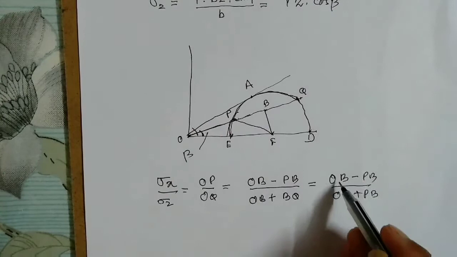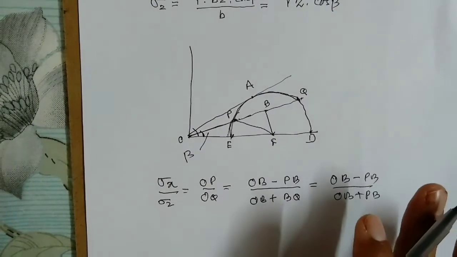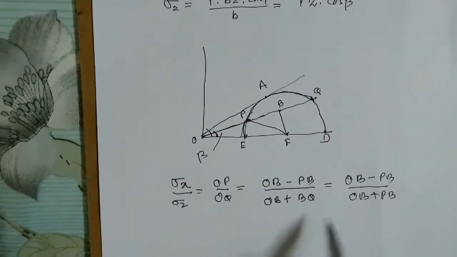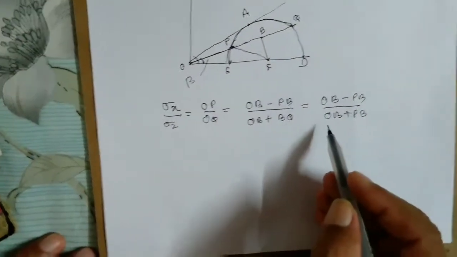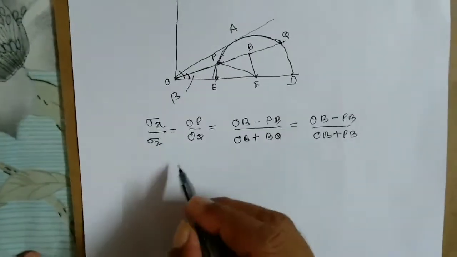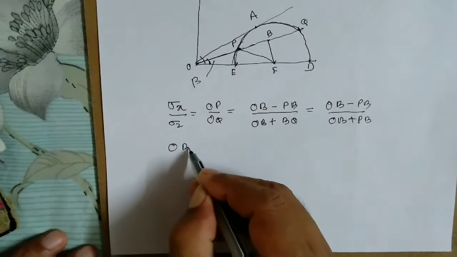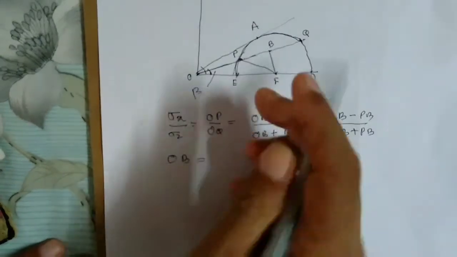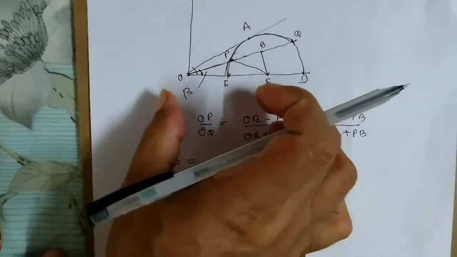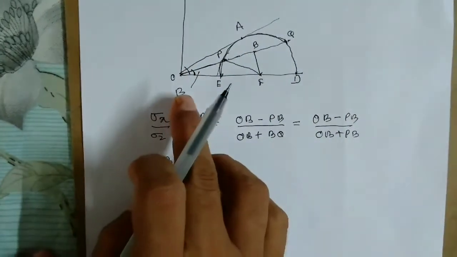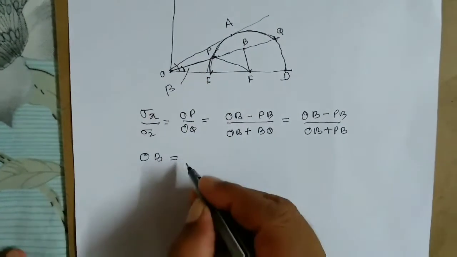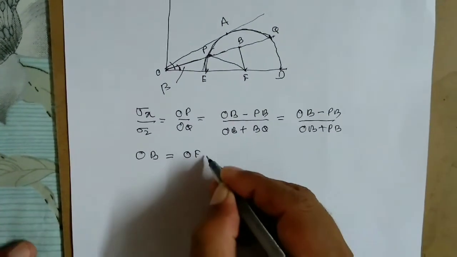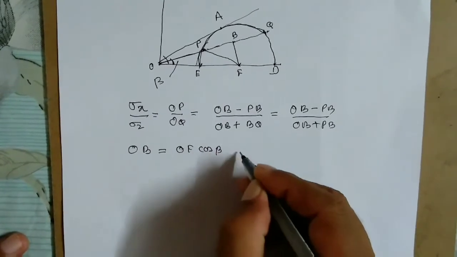Now, we'll see what OB and PB are. These two things have to be found. So OB is OF cos beta.